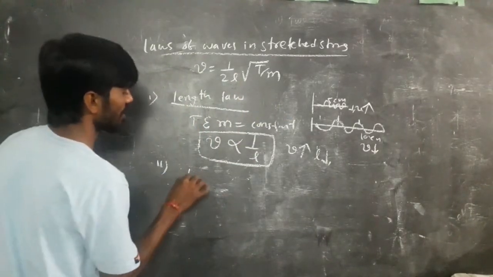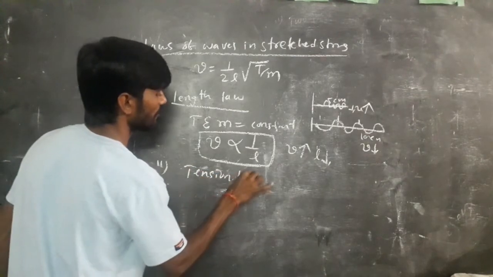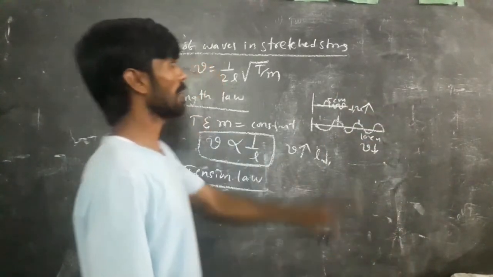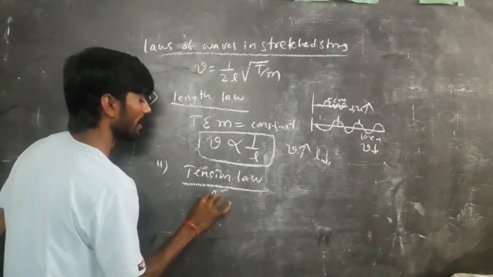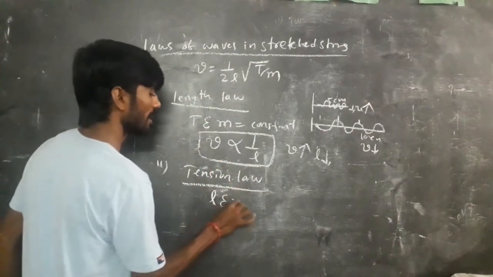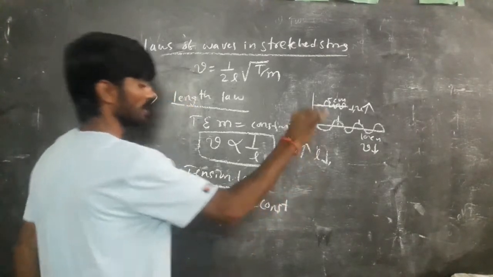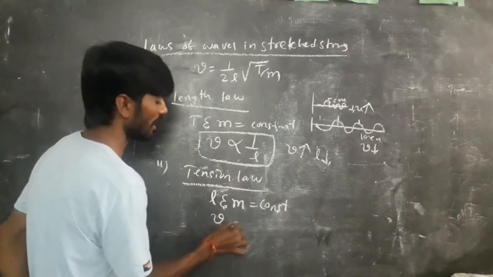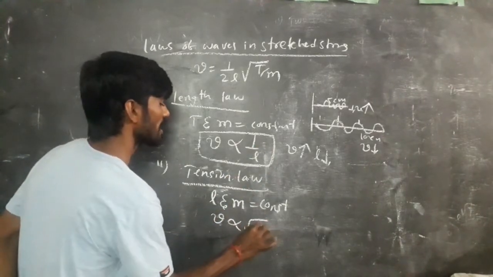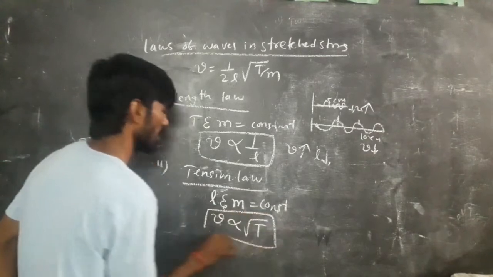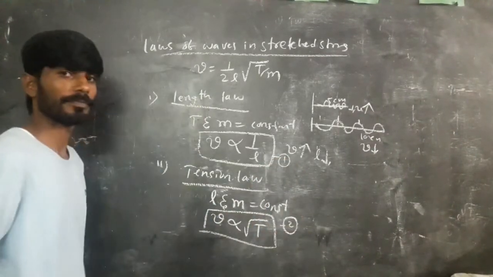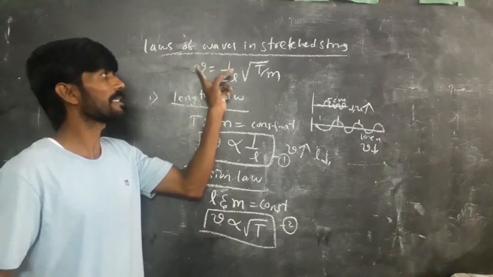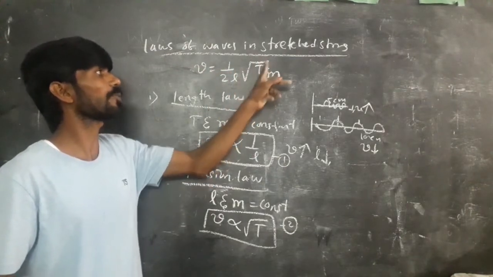And the second one, the tension law. If you discuss the relation between tension and frequency of a stretched string, with everything else constant, like the length of the string and the linear density, then the frequency is directly proportional to the square root of the tension.